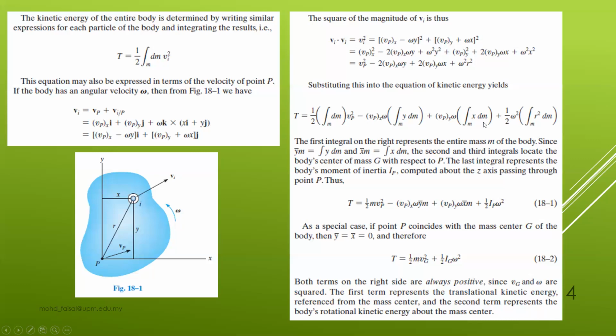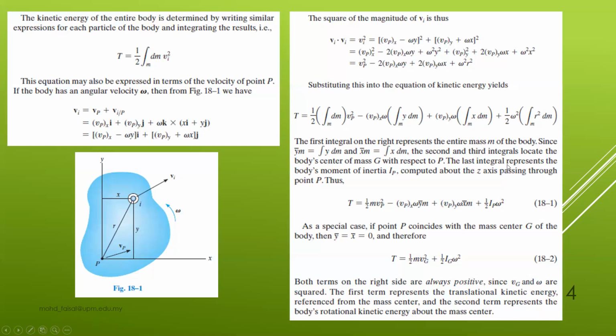This one is x dm, and this is the y dm. So the first integral is this part here, which represents the mass of the body, and this one is for this, and the third part is for this one.